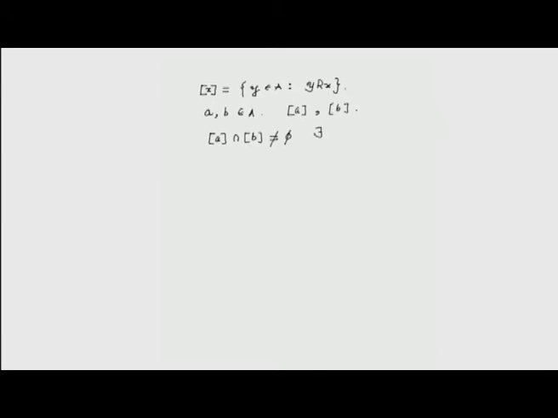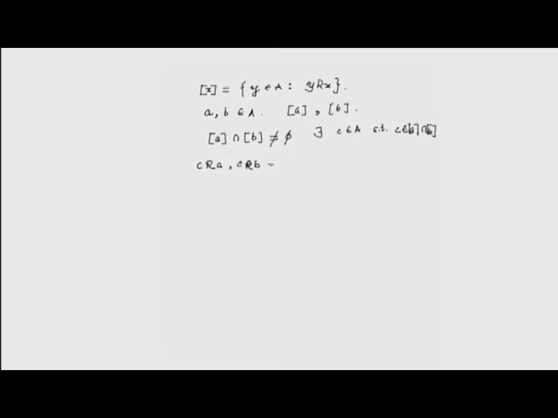Therefore, there exists a c belonging to A such that c belongs to [a] intersection [b]. Now, this in turn means that c is related to a and c is related to b.